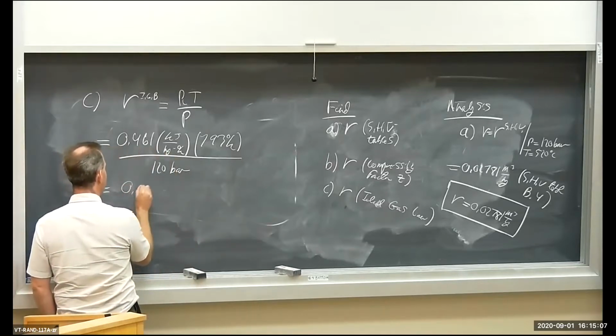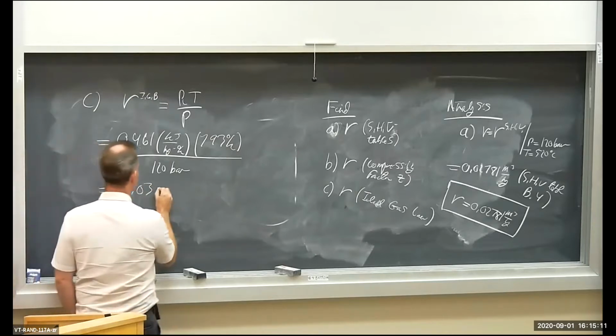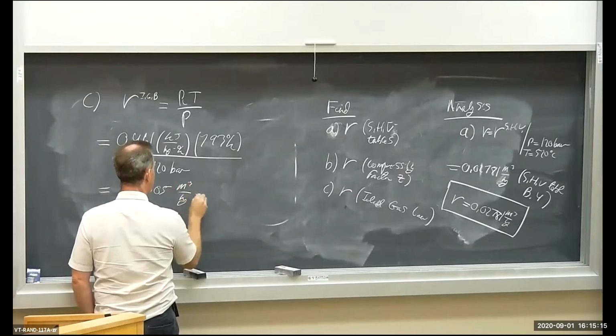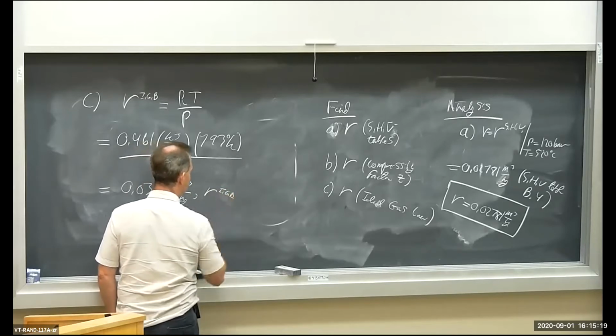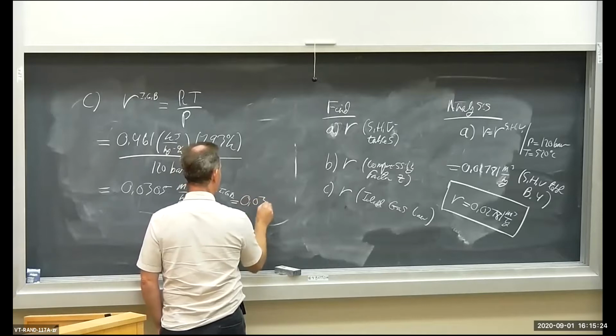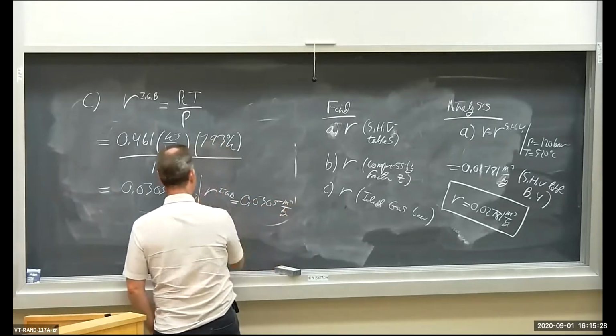I get 0.0305 cubic meters per kilogram. So specific volume using ideal gas law or ideal gas behavior is 0.0305 cubic meters per kilogram. Okay?